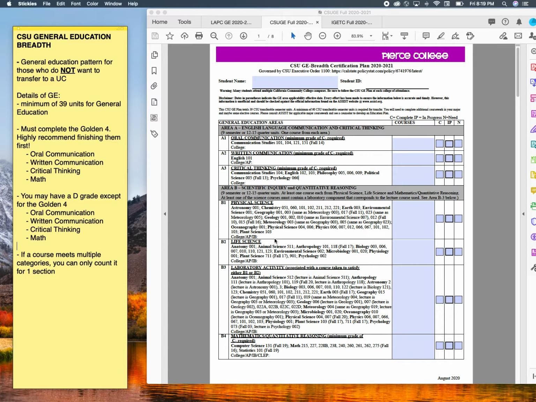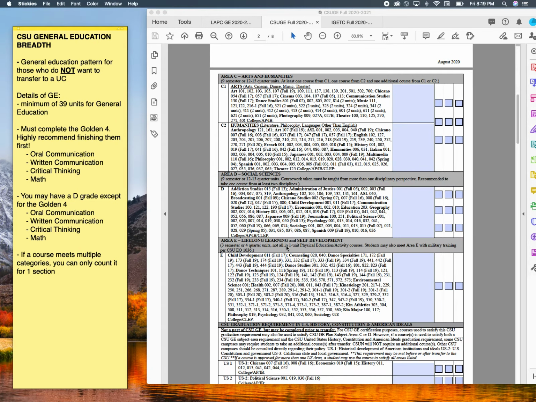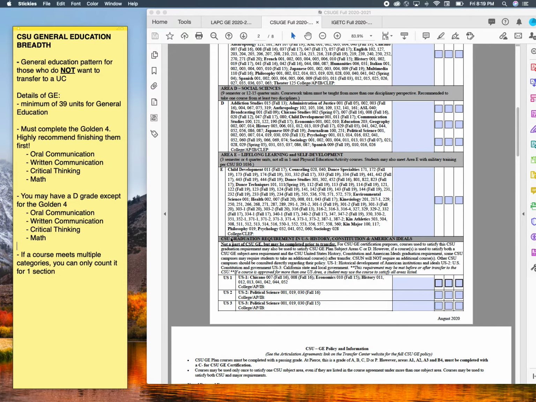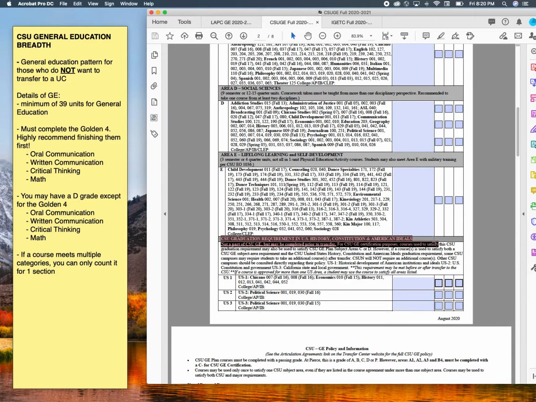In the last section of this general education pattern, it states that there is a CSU graduation requirement. I just want to let you know this is not part of the GE pattern. You do not have to do this to finish this general education pattern. You also don't have to do this to transfer. It is not required to transfer.